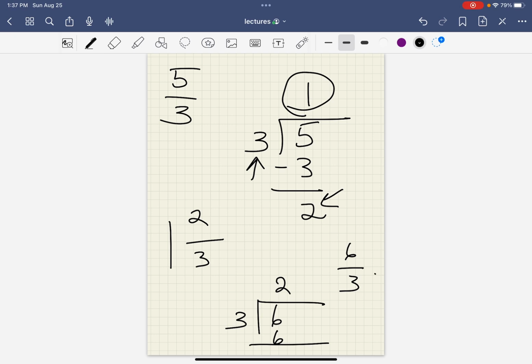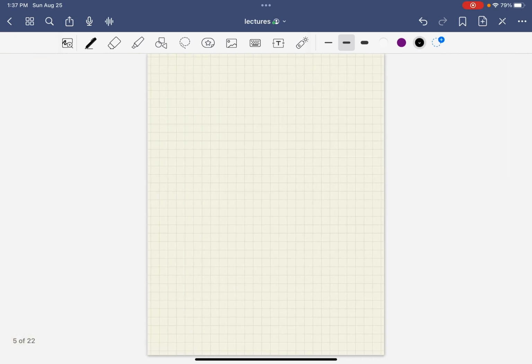The next one says to write 3 7/5 as a proper fraction. Okay, well, the 3 is fine, but this is an improper fraction, so we need to change it to a proper fraction and add it to the 3.